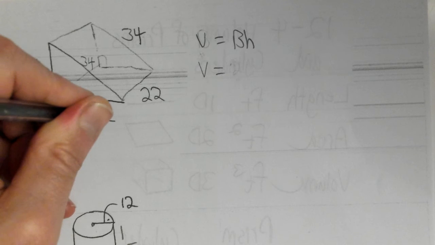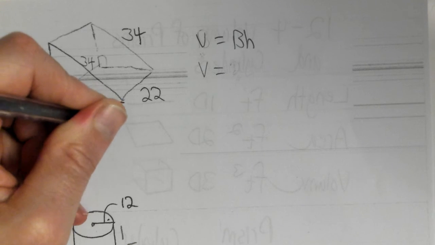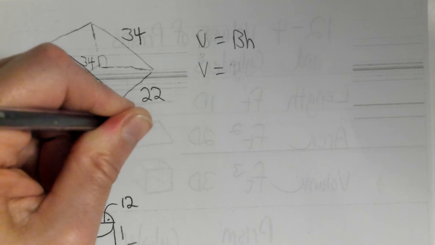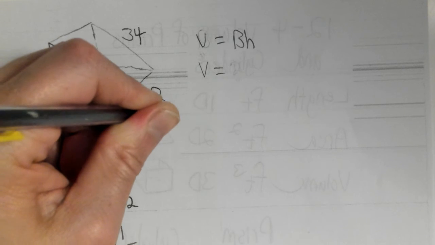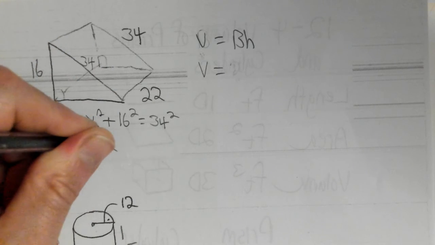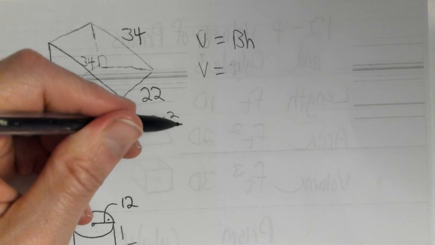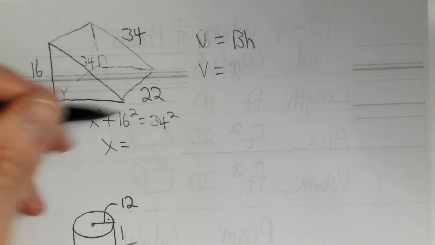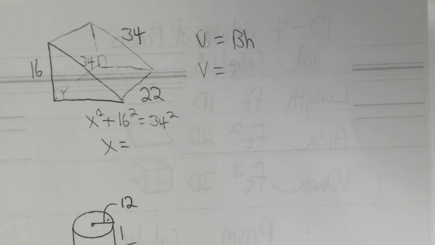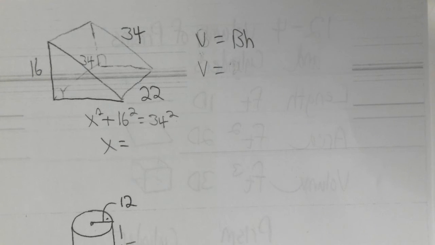x squared plus 16 squared equals 34 squared. So if I wanted to figure out what x equals, I would move the 16 squared to the other side and subtract it, and then take the square root of both sides.